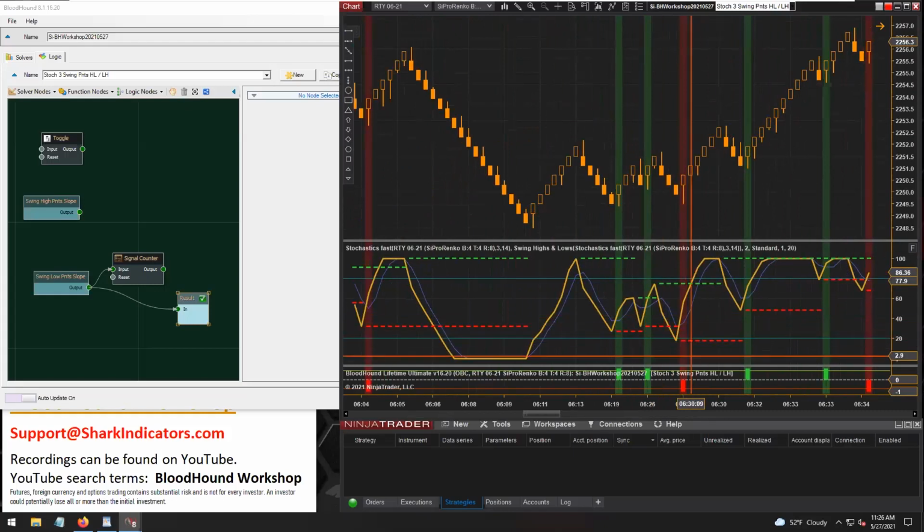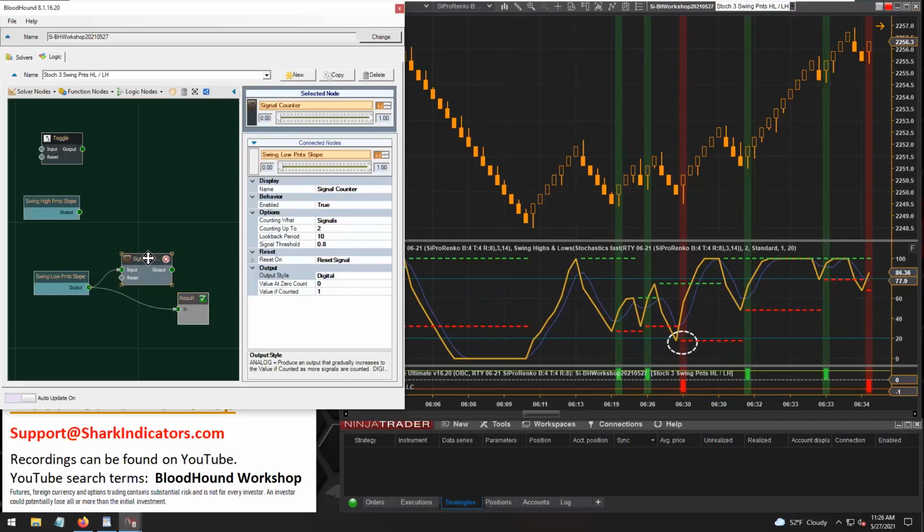All right, maybe this area will work here. I think I found something that'll work to help illustrate the point I'm trying to make here with resetting the signal counter. So here we go. We can see we have these low points stepping up, and then we get a lower low.